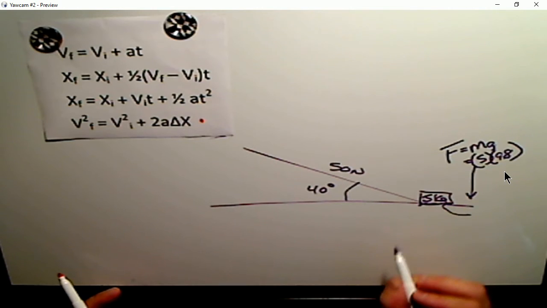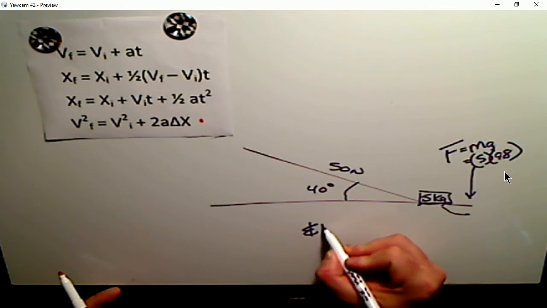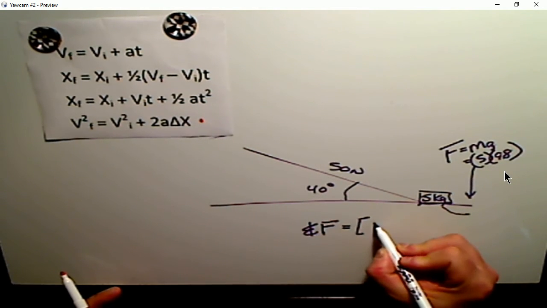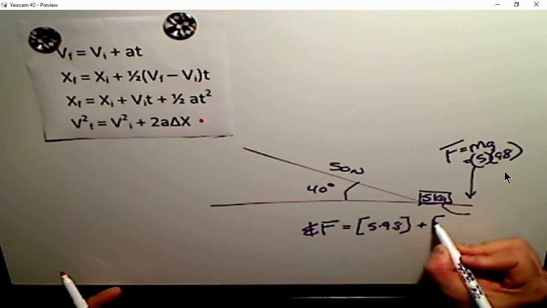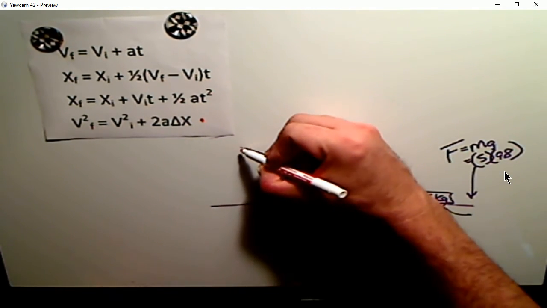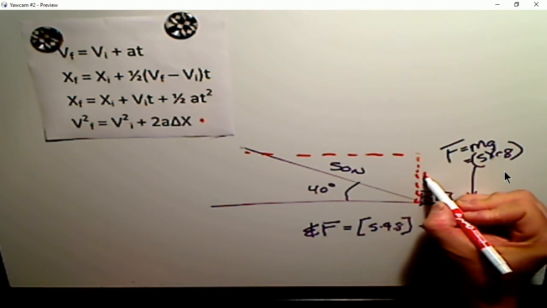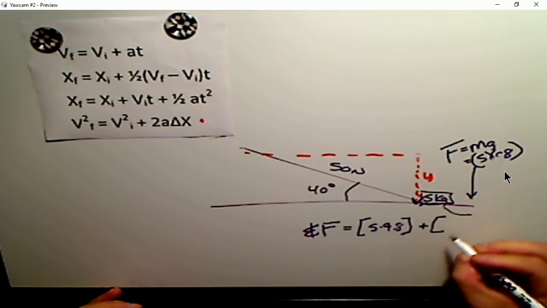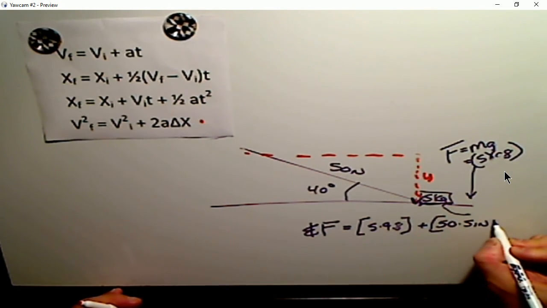But since I'm pressing on it, there is the summation of all the forces: 5 times 9.8 plus this force, or I should say the component of that force, in the y direction, downward, would be 50 newtons times sine of 40.